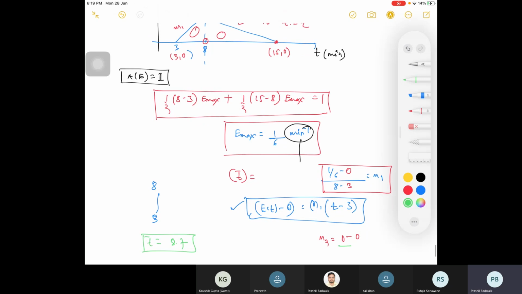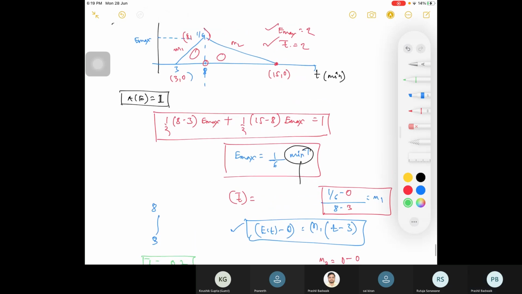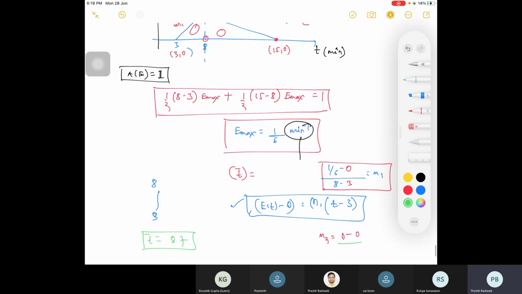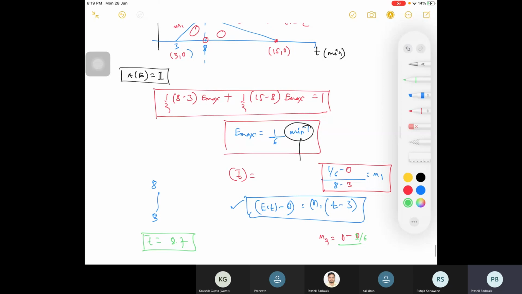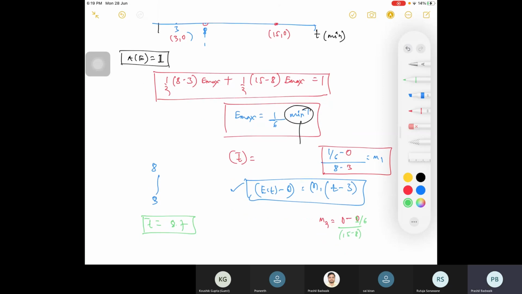Here m2 will be 0 minus 1/6 divided by 15 minus 8, and you'll have an equation similar to this. Okay, so if you are done with this, please raise your hand.